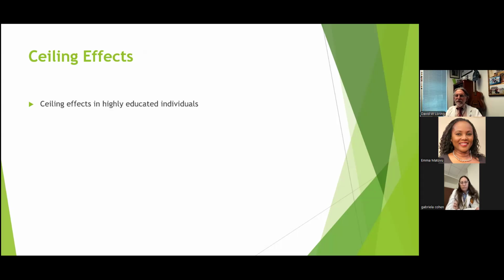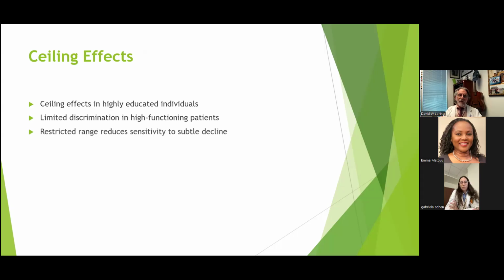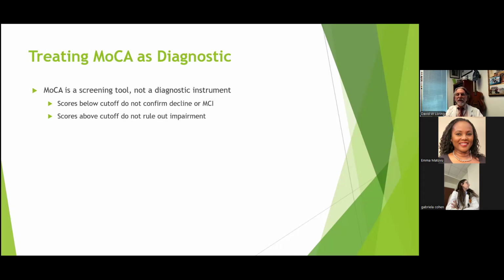A score of 27 or 28 might actually represent some meaningful decline or something to follow up on. Unfortunately, the MoCA really does not have the resolution to look at things at the higher range. And again, there's a ceiling effect that's really not normally distributed in terms of the psychometrics.